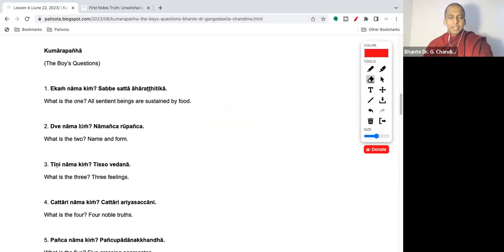Number 2. Dve nama, once again, what is number 2? Namanca, rupanca. Very famous interpretation. This is the most important interpretation whereby we understand what a being is made up of. Now we have to find out what is Nama and what is Rupa.